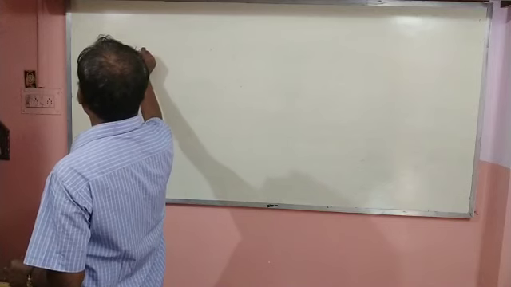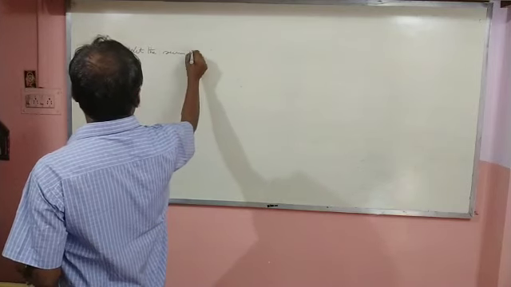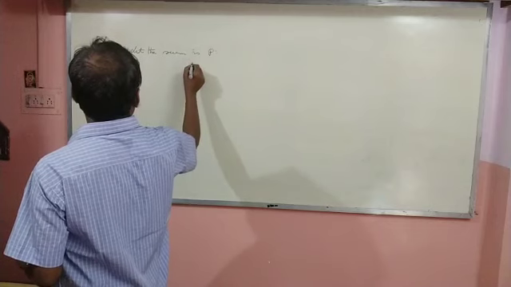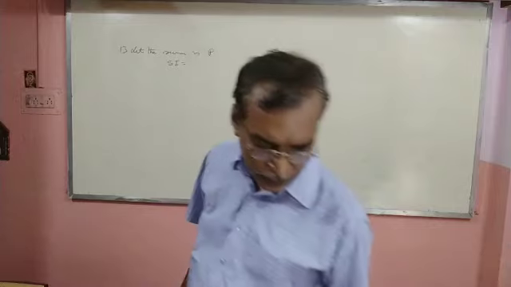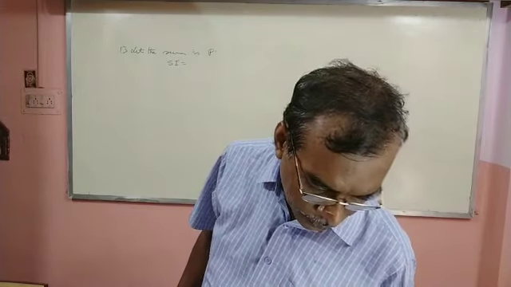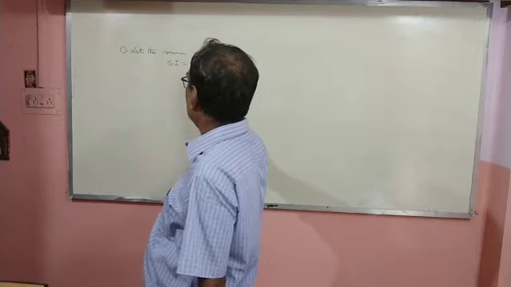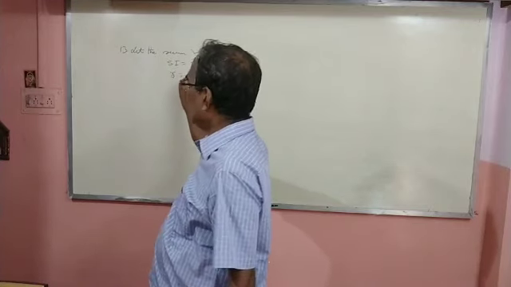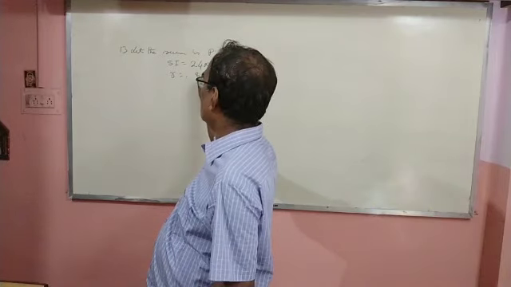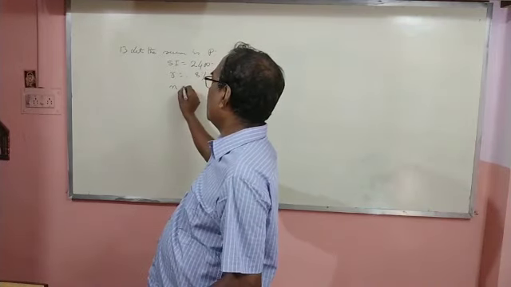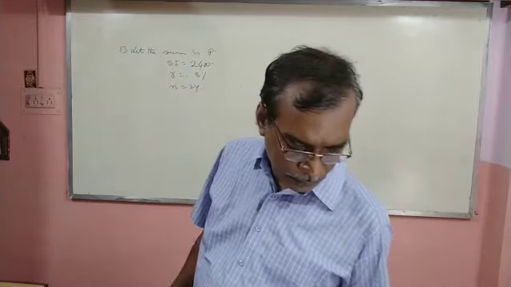Question number 13. Let the sum be P, and the simple interest is given: SI is given as 2400. The rate is given, in case of simple interest, 8%. And time is given, 2 years.